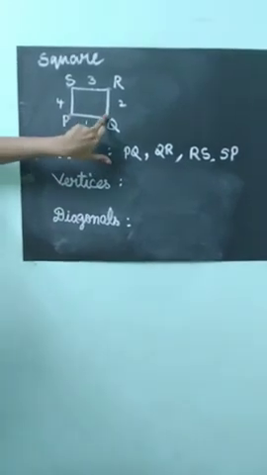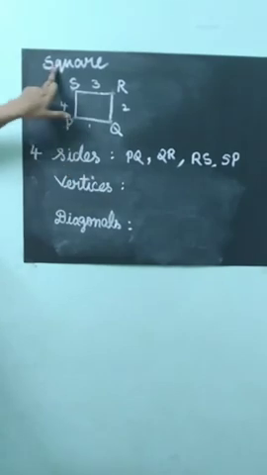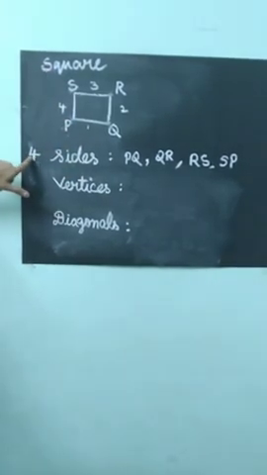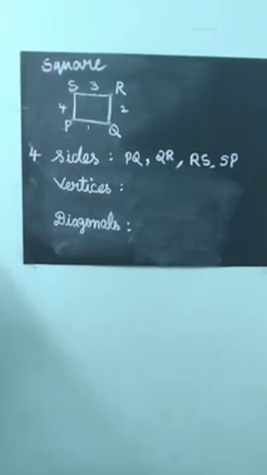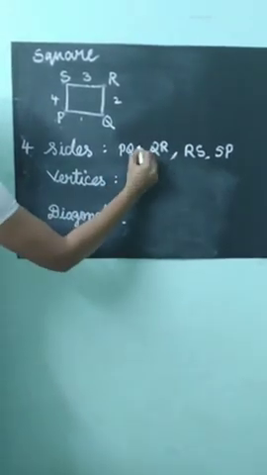There are 4 sides, and the 4 sides are equal. So a square has 4 equal sides.